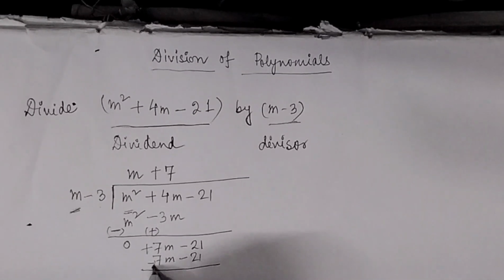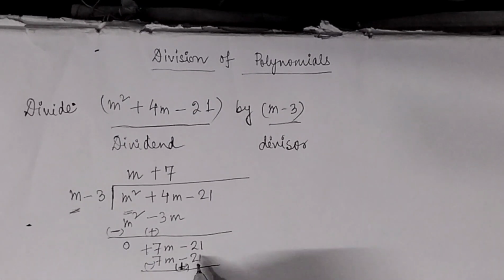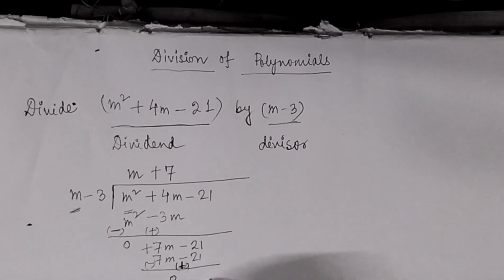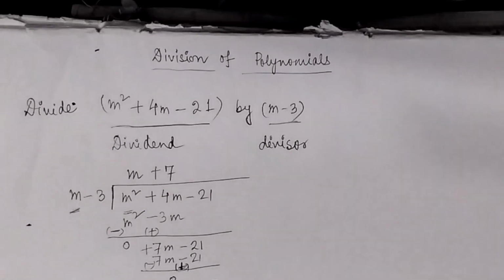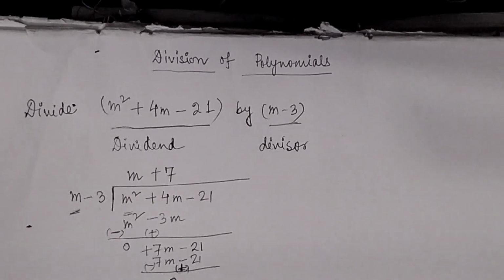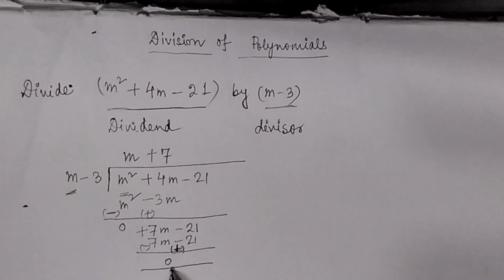So when we subtract, by changing the sign of the terms of the second row, we will find that this will be eliminated and eventually this is also eliminated. These numbers are also eliminating each other. And hence the remainder is 0, right? So here we get remainder is 0.